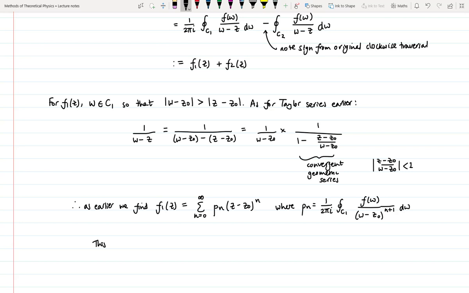This term is the usual Taylor series that converges for all z inside that circular contour C1.